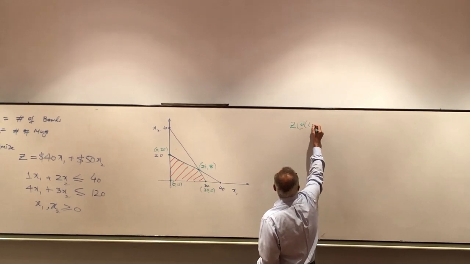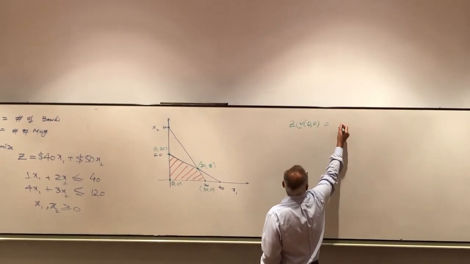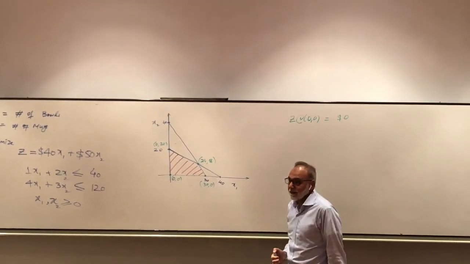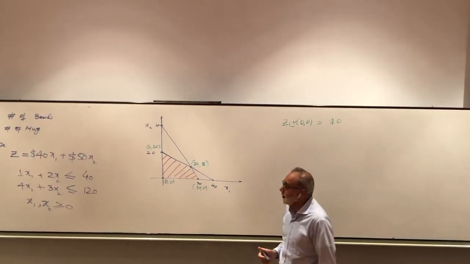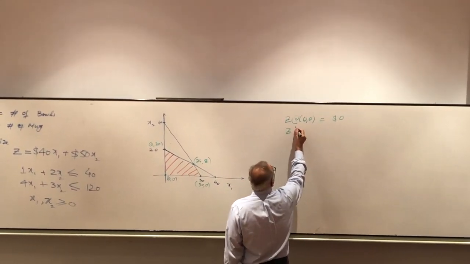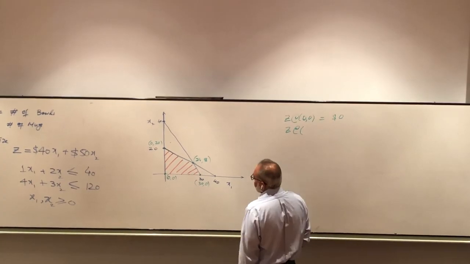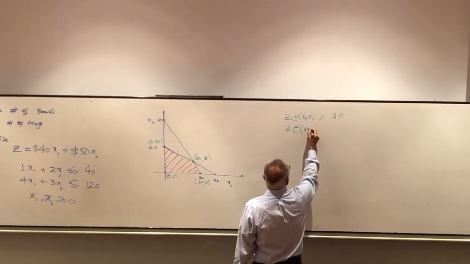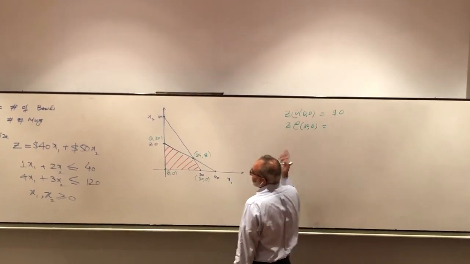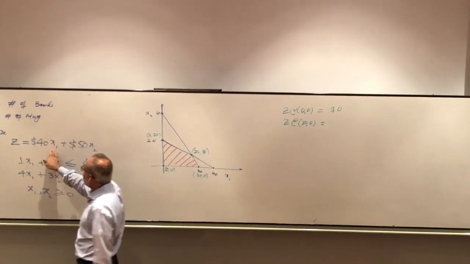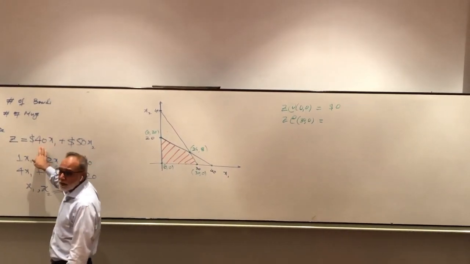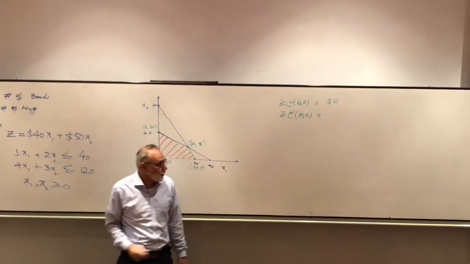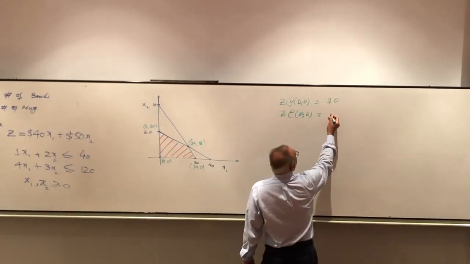Z at (0, 0) is, of course, 0. Not difficult to find. Z at (30, 0), just put it in here, x2 is 0 and x1 is 30. 30 multiplied by 40 is 1200.